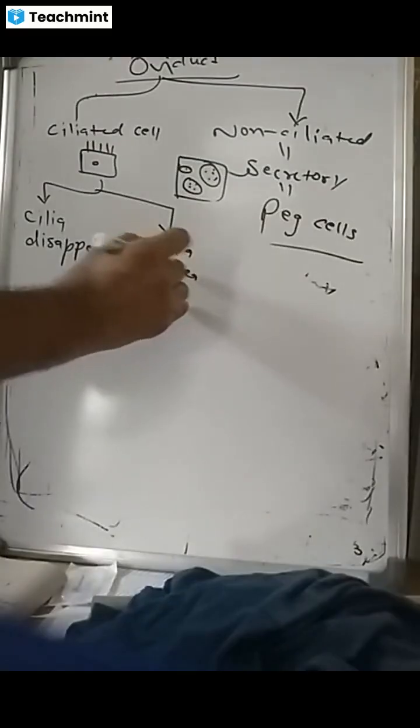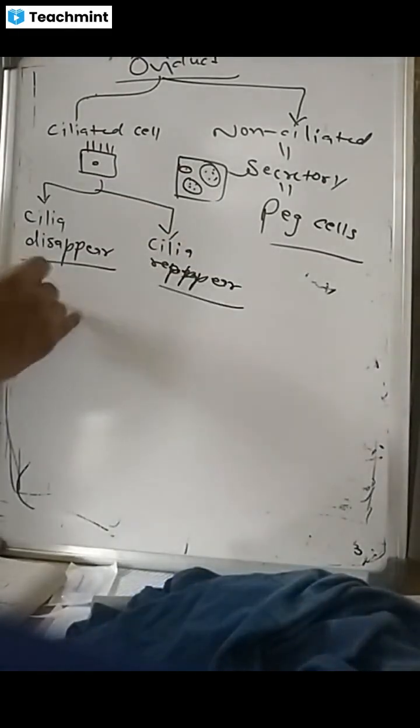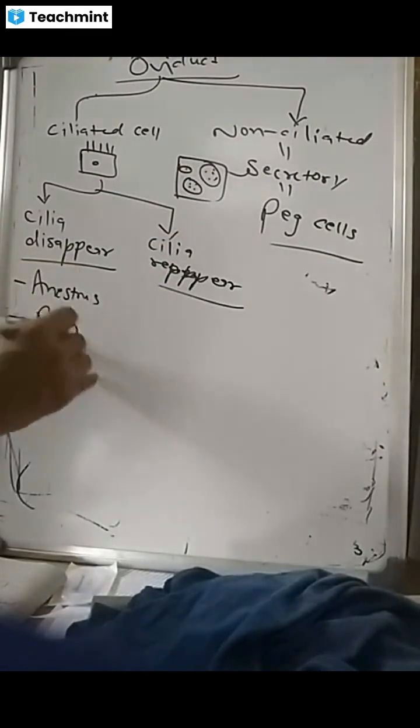Cilia appear and disappear. One is during pregnancy, and one is after hypophysis removal, hypophysectomy.